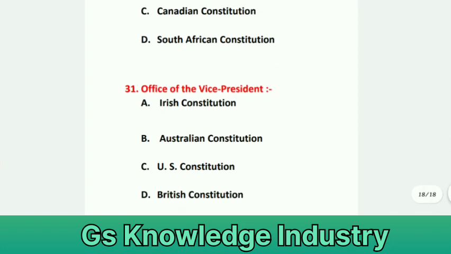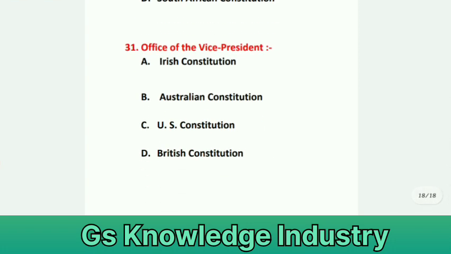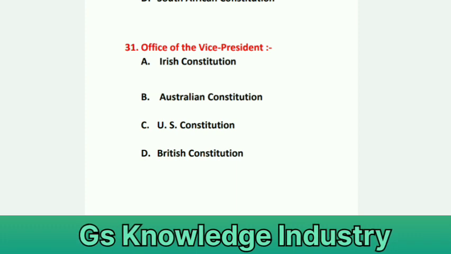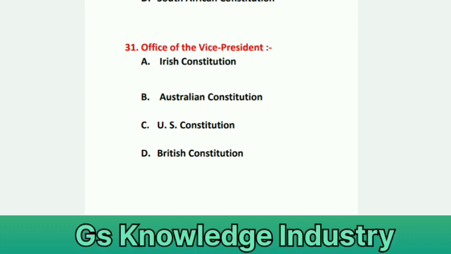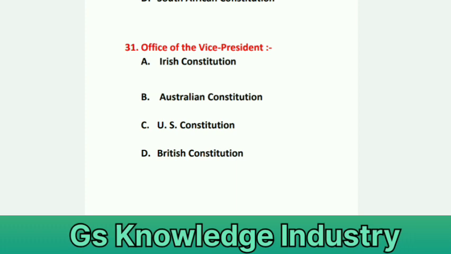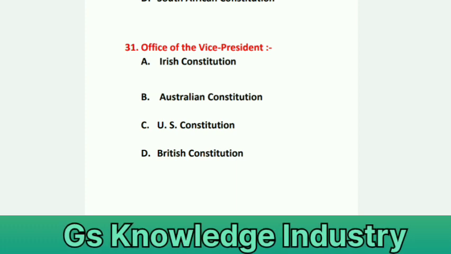31 number question, and this is the last question of sources of the Indian Constitution, right? So the last question is office of the Vice President. This system has been came from which constitution?